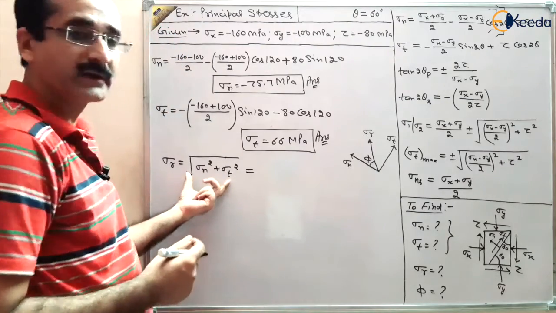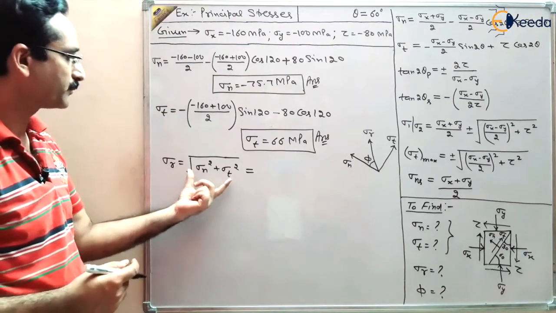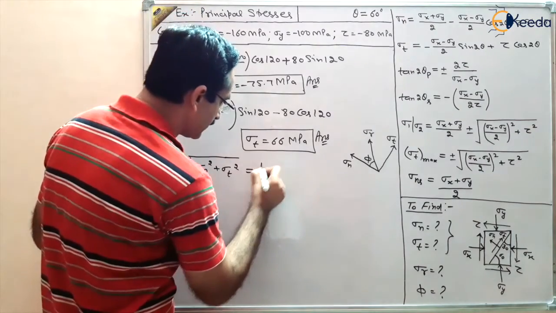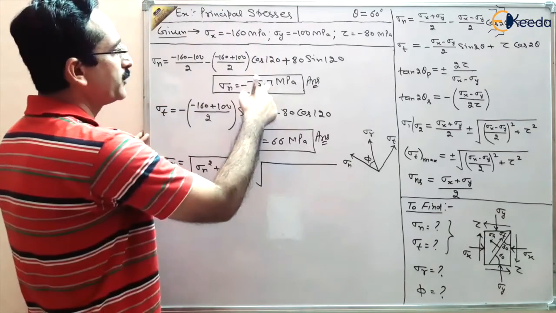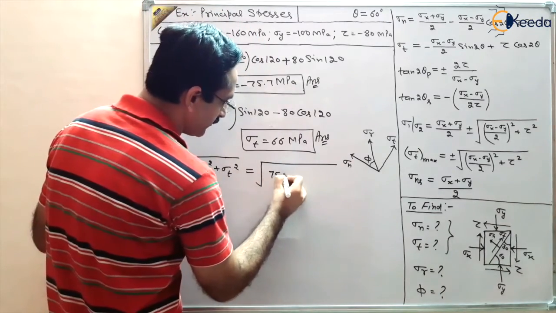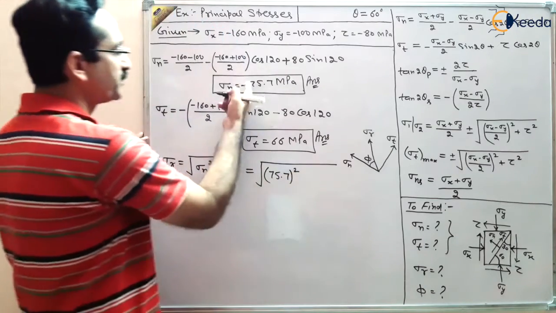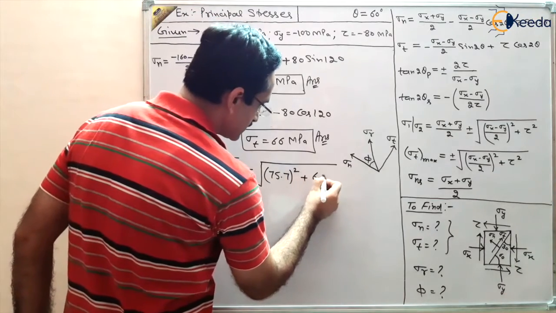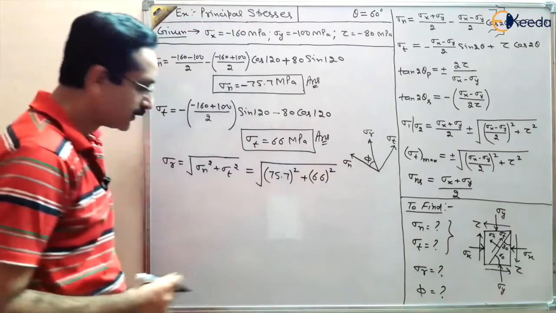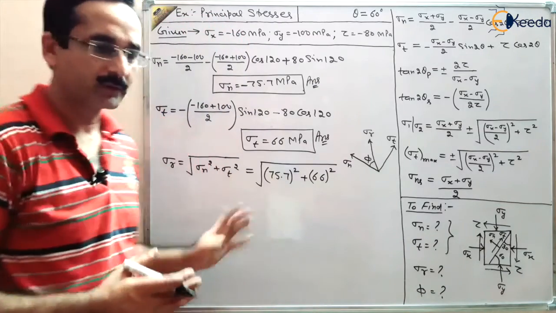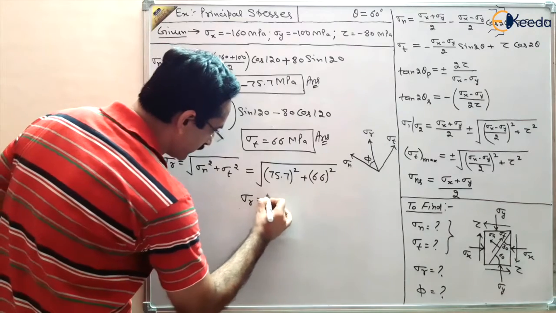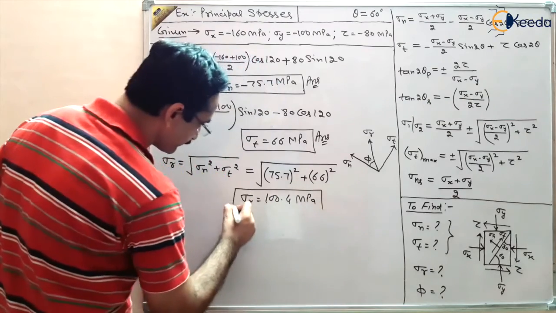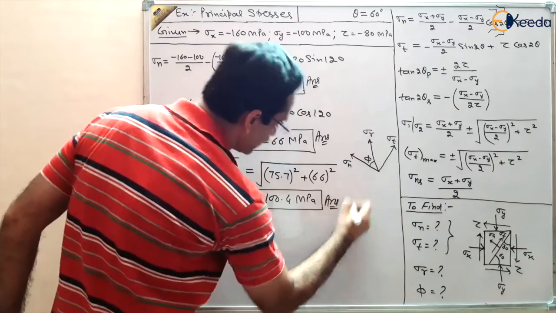Put the values: 75.7 square, minus square is always plus, plus 66 square. Solve it using a calculator and you will get sigma r equal to 100.4 megapascal. And this is another answer.